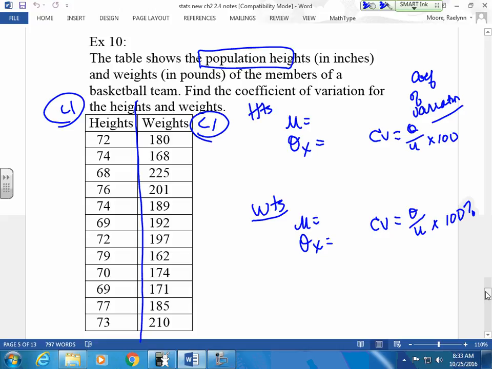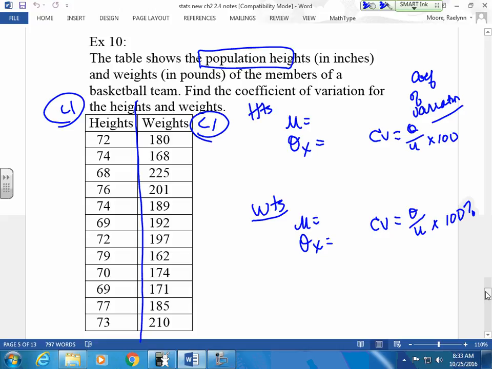You're only given two pieces of information, the mean and the standard deviation. If you divide the other way around, your percents are over 100. So really, you don't want your percents over 100. Because if I divided the larger number by the smaller, and then multiplied by 100, that'd be a pretty big number. I always got to do the small divided by the large. So it kind of gears you to that.